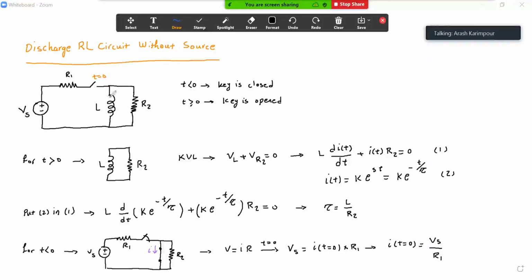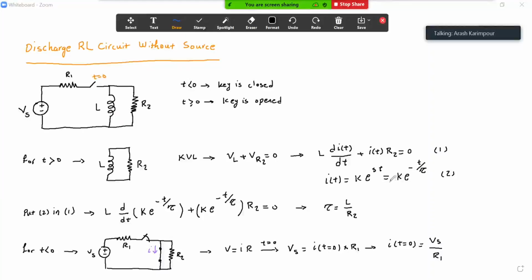At the time that we want to open the key, this is the current that goes through the inductor at t is 0, so at the initial time. Now that we know what's happening at the initial time, we can substitute the initial condition in the solution in order to find the k.